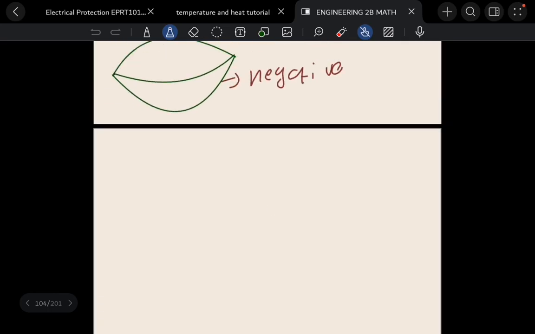Another one will be the cone. And in a cone, we actually have two cones.